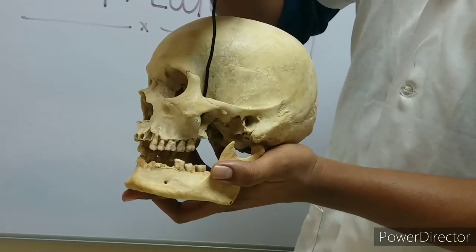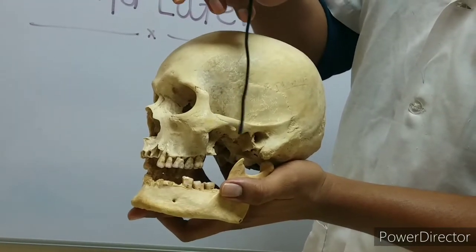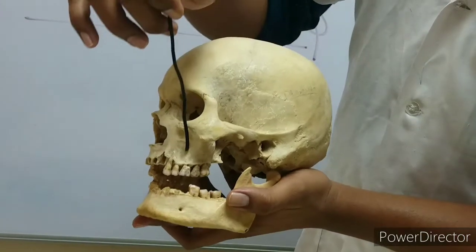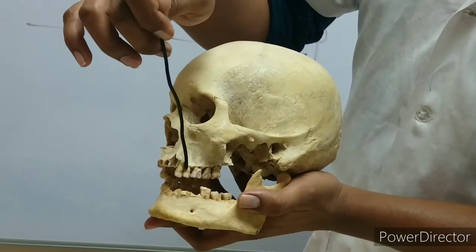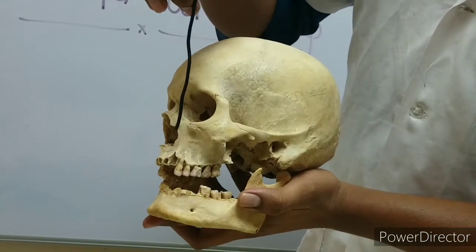Now also we can see this bone, the zygomatic, and the zygomatic arch. Also you can see part of the mandible, maxilla, and some of the nasal bone.